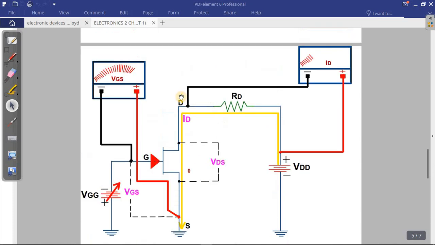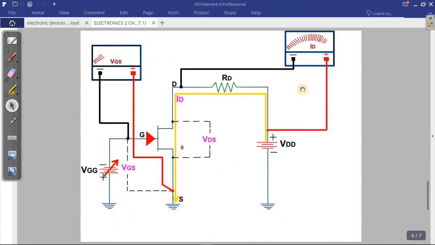And what you must know: when the amount of VGS increases, the amount of the drain current ID reduces. You must know that. And when the amount of VGS decreases, the drain current ID increases.